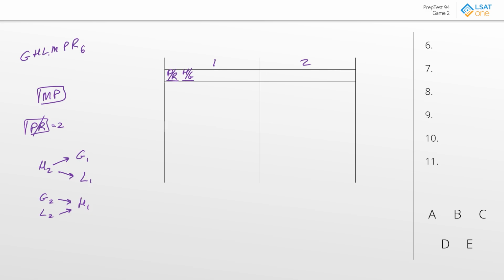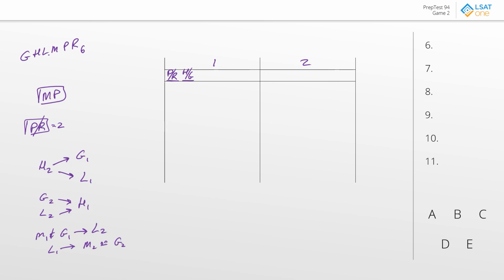Lastly, if they take M and G in 1, then they'll have to take L in 2. So this one we're going to have to keep compounded because it's an and statement in the sufficient. So if we can say something like, if we have an M and a G both in 2, then, whoops, no, that's incorrect. If we have M and G both in 1, then we'll have to have L in 2. So contraposed, if we have L in 1, then we'll have to have either M in 2 or G in 2.